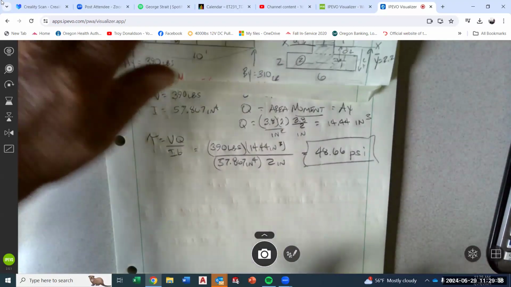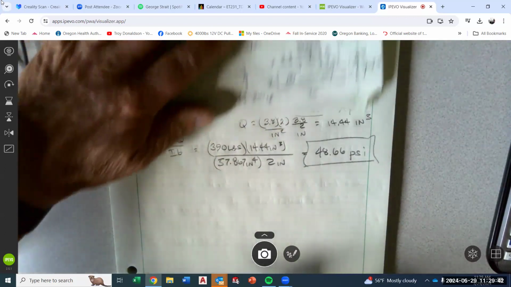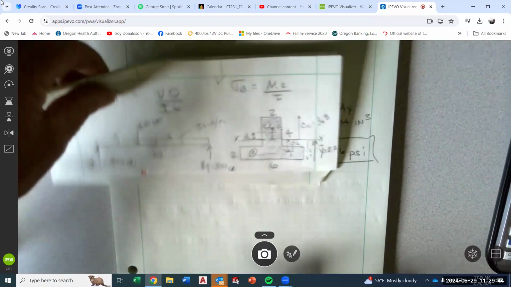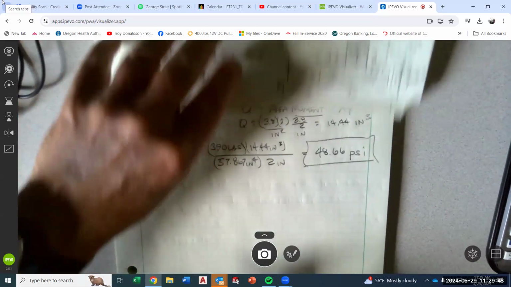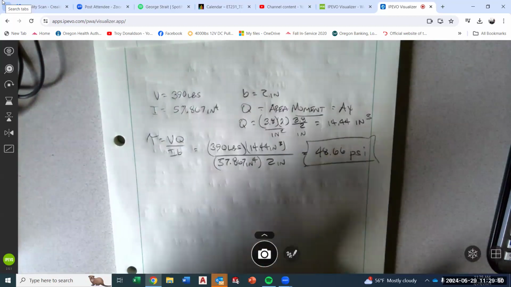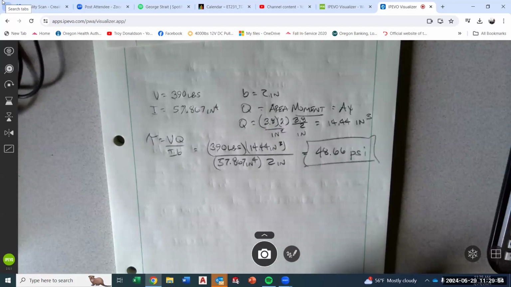That's why we always think about bending stress first, and then check the shear stress, right? And clearly this is good. You can look up the shear properties of Doug fir and you'll see that it's a lot higher than 48.66 PSI. So there we go.